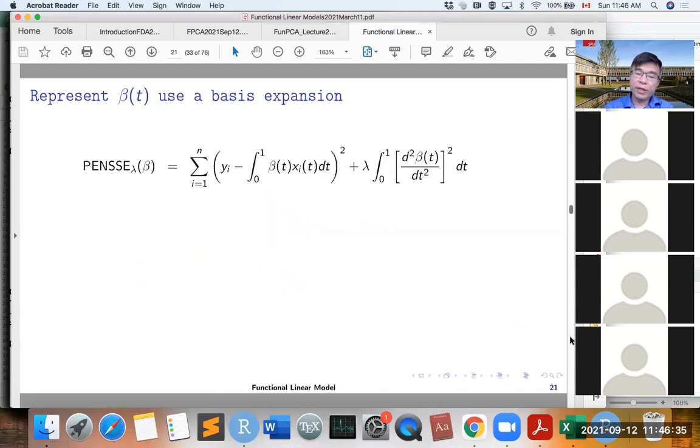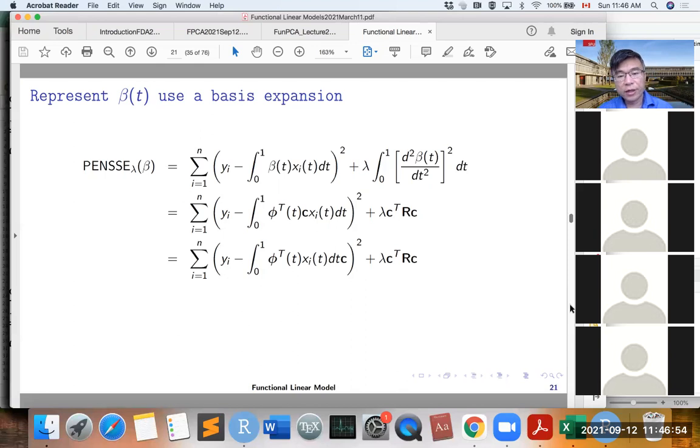And then we can write down the penalized sum square errors in vector form. So basically, we plug in the formula for beta t as a linear combination of the basis functions, and we still put the basis coefficient c outside the integral.